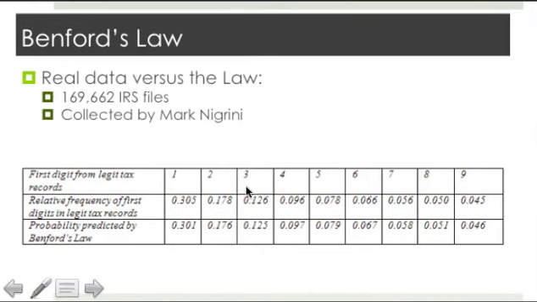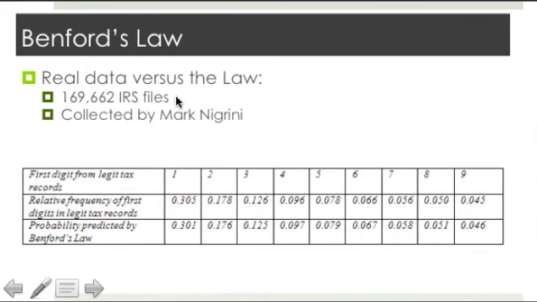Again, the first row is the first digits of legitimate tax returns, and the bottom row is the probabilities predicted by Benford's Law. Right here in the middle row, you'll see the relative frequency of first digits in actual legitimate tax records. Notice how close they are in almost every single column, showing us that if we have a very large number of files, then this data set very closely follows Benford's Law.